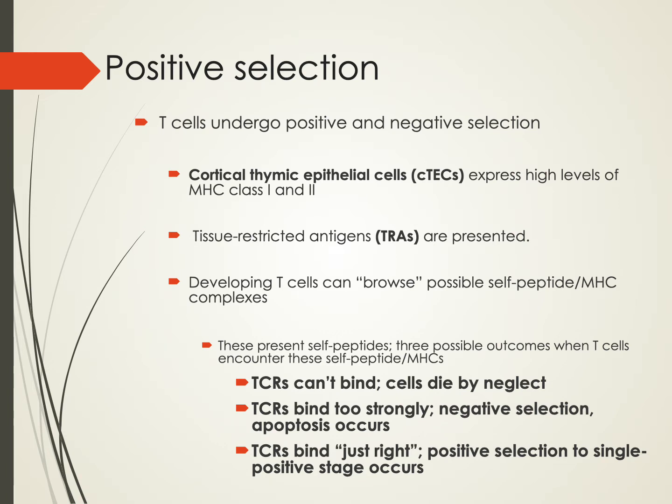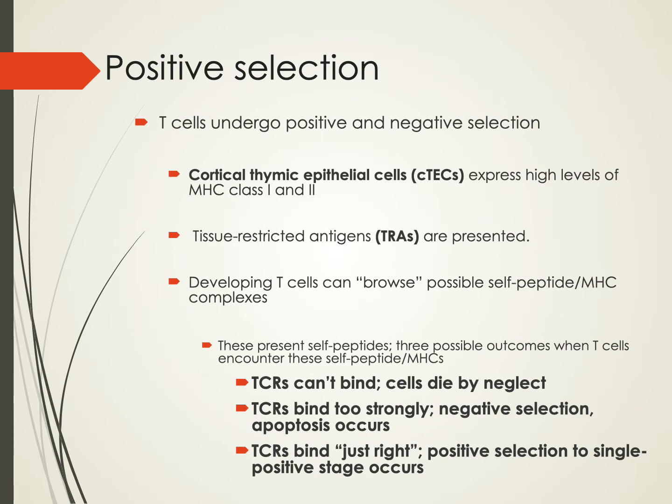We don't want to expend any more energy on them. So again, T cell receptors that can't bind are not going to get survival signals, so they actually die by what's known as neglect. T cells that bind too strongly are going to end up undergoing apoptosis.